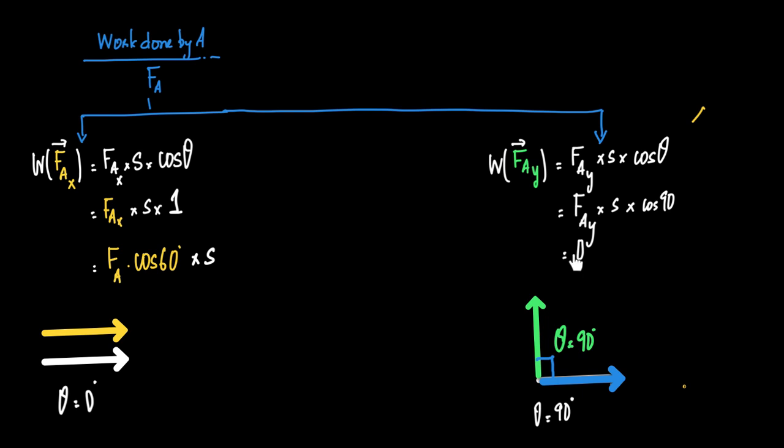So 0 into Fay will become 0. Which means when you consider work done by force A, which will have two components, Fax and Fay, out of these two components, work done by Fay is actually equal to 0. Okay.